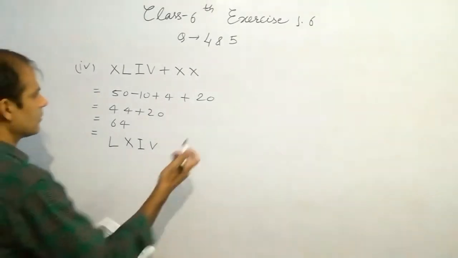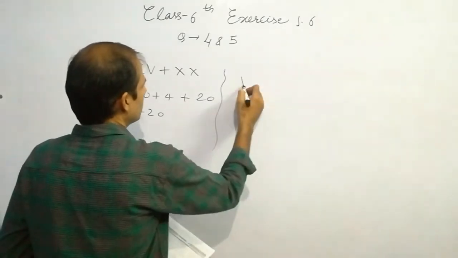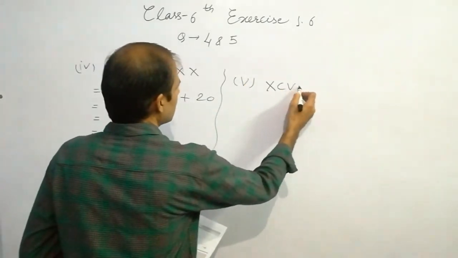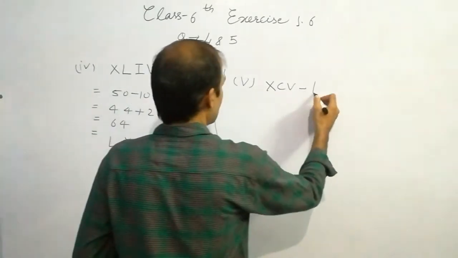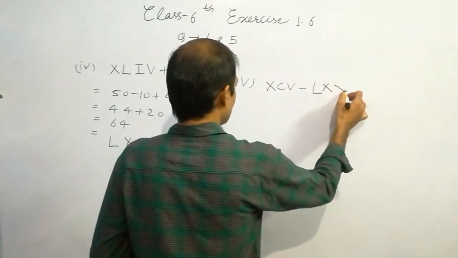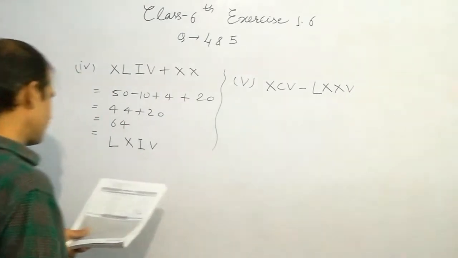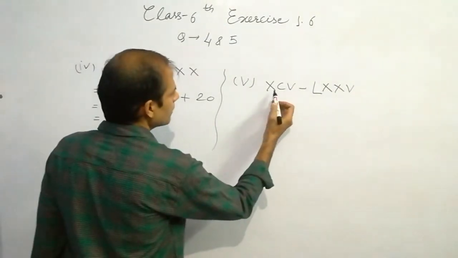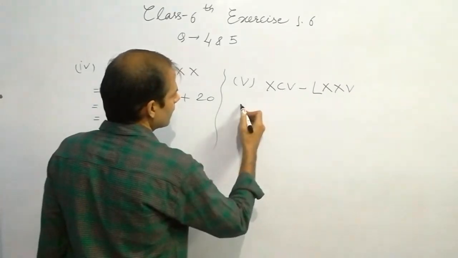Next question is fifth. It is XCV minus LXXV. So how to solve it? To solve this, the number is 100 minus 10.